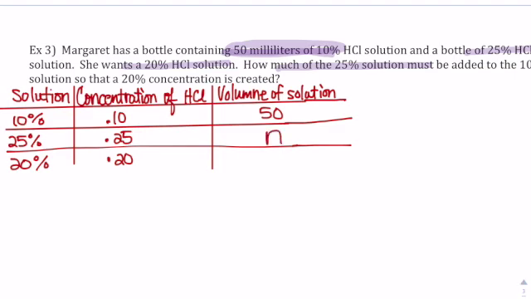Now think about it. When you're adding something to something, the volume gets bigger. So it's going to be 50 plus N. That is, 50 milliliters of the 10% solution, adding in I don't know how much. The more you add, the more N goes up.